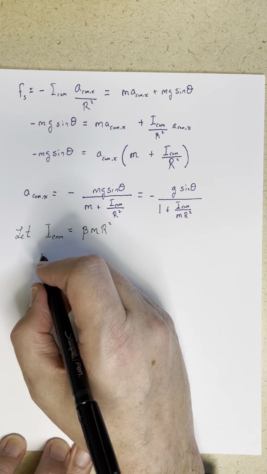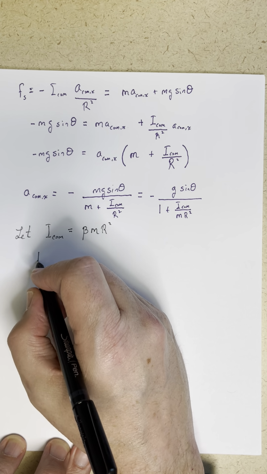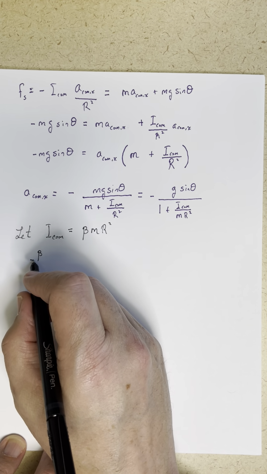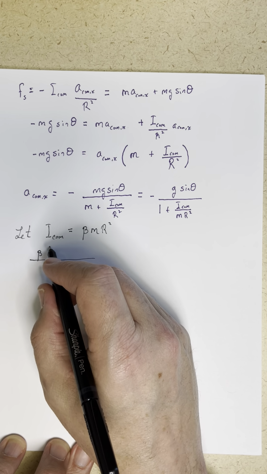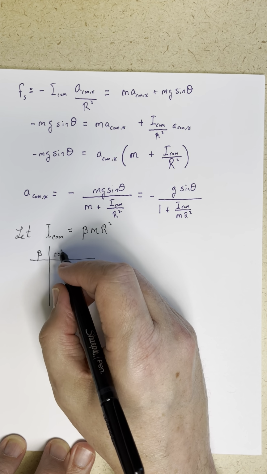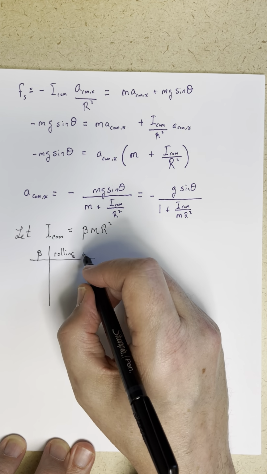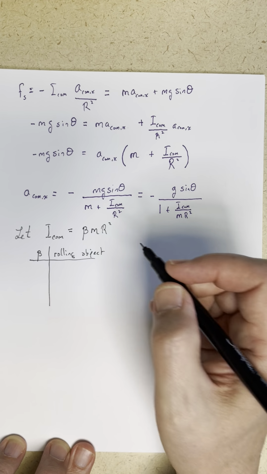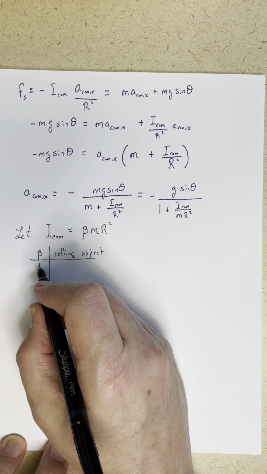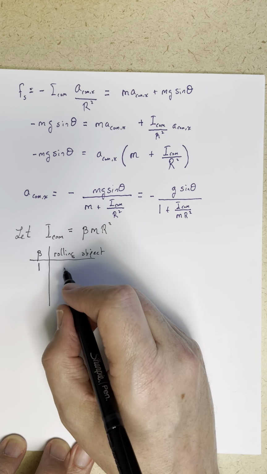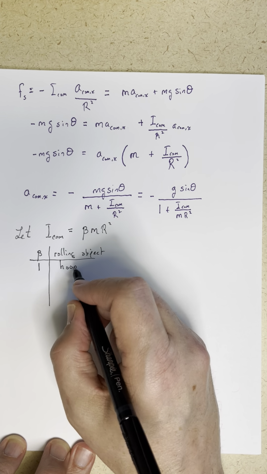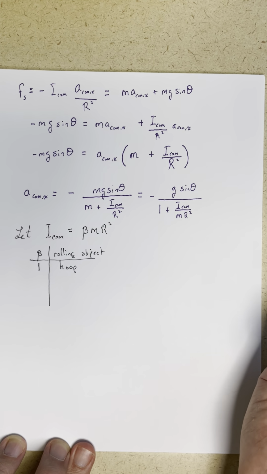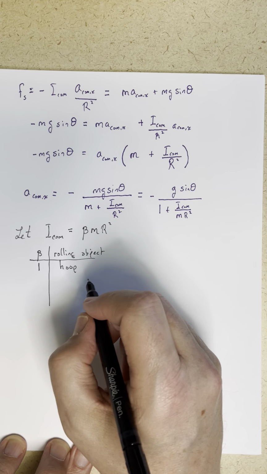And some particular cases that might be of interest, a quick little table for rolling objects. Beta could be 1, and that's the case where all of the mass is at the radius furthest away from the rotation axis.